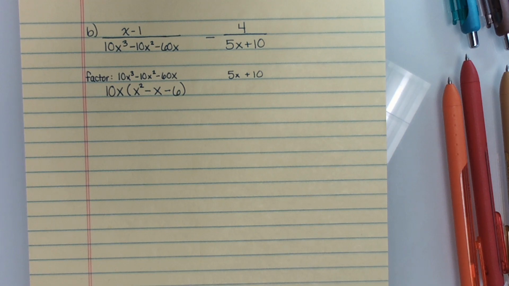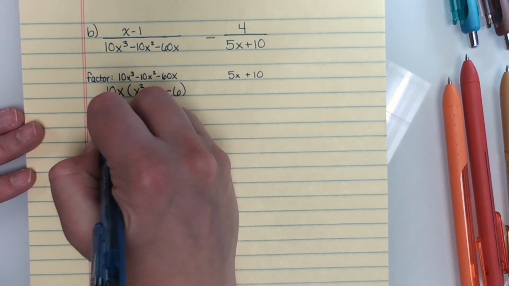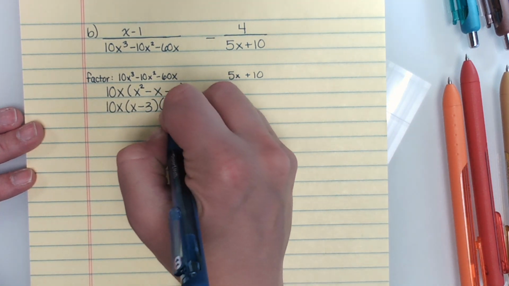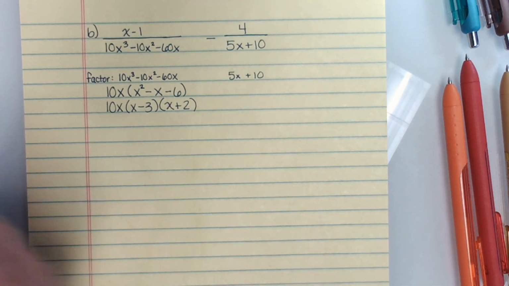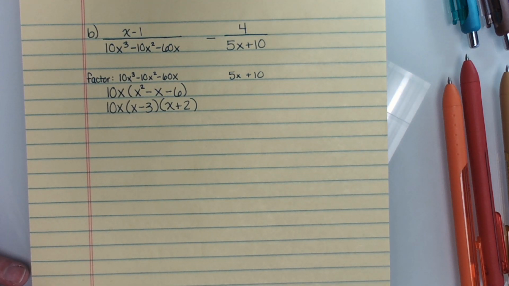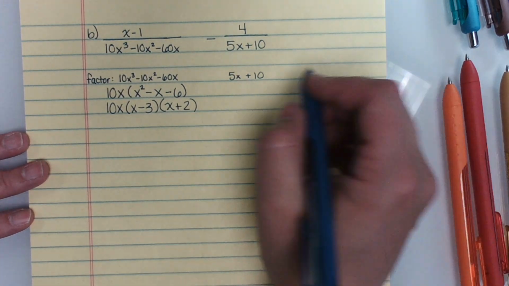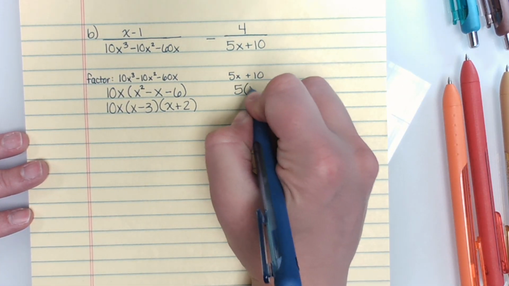Can at least try. Are there two things that multiply to negative 6 but add to a negative 1? Negative 3, positive 2, and since it's a shortcut, x minus 3, x plus 2. Can I factor it further? No. 5x plus 10. 5, x plus 2.